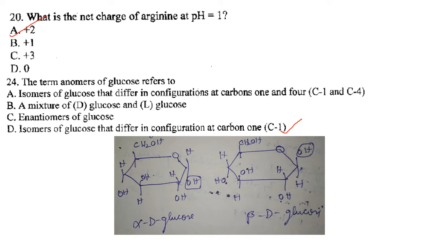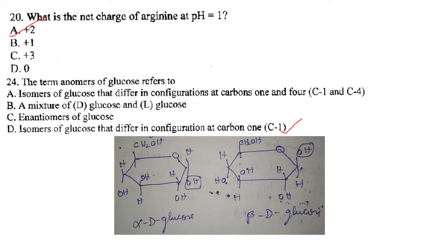So at pH 1, in the case of the carboxyl side, that is the C terminal end, the pH, that is 1, is less than 2, because 2 is the pK value of the C terminal end of this particular amino acid. So there is an abundance of protons in the solution at pH 1 and the C terminal end will be fully protonated, which gives a neutral charge for the carboxyl group.